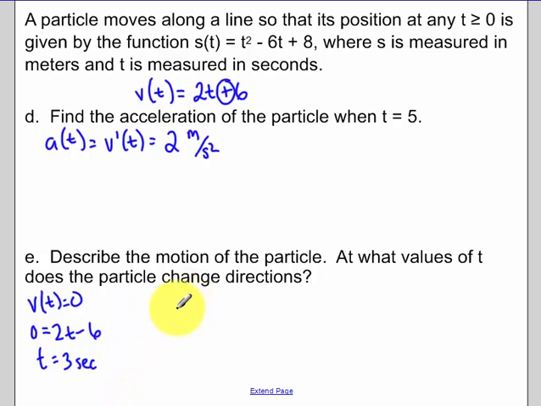So describing the motion of the particle. Okay, what's my initial position? The particle starts at an initial position of 8 meters.